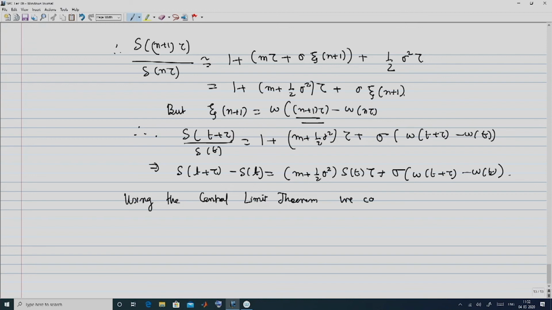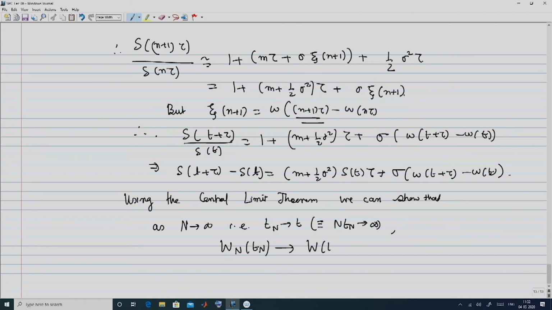We can show that as n tends to infinity, that is T n tends to t, or equivalently n T n tends to infinity, the following holds, that W n of T n tends to some capital W of t. And here this W of t is known as the Wiener process.